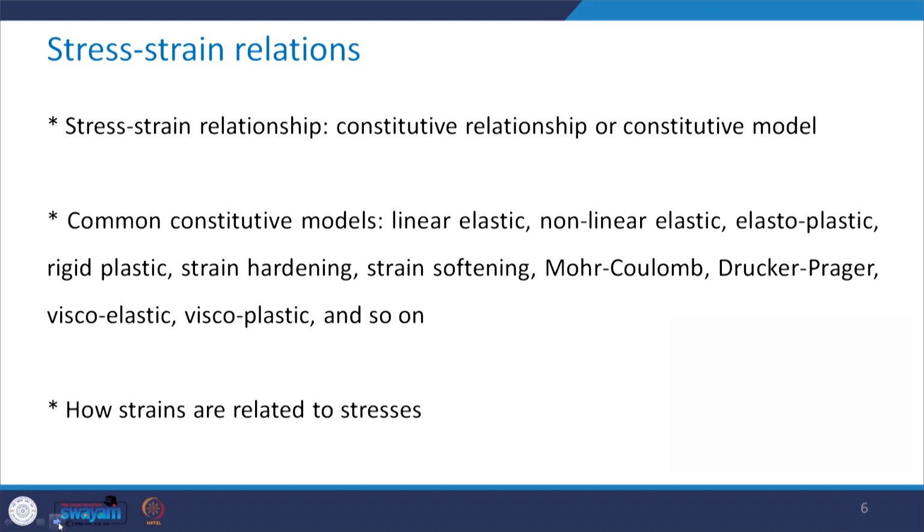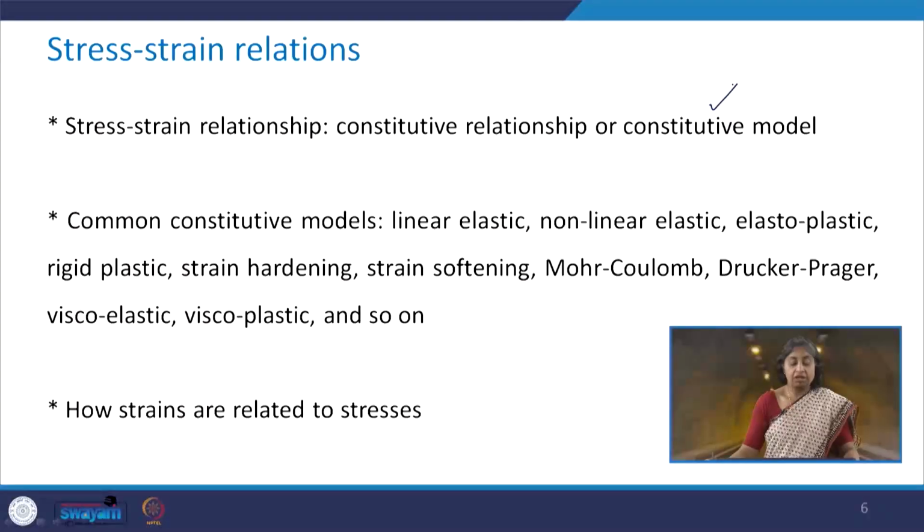Coming to the stress strain relationship, when we say stress strain relationship, we typically mean the constitutive relationship or the constitutive model.